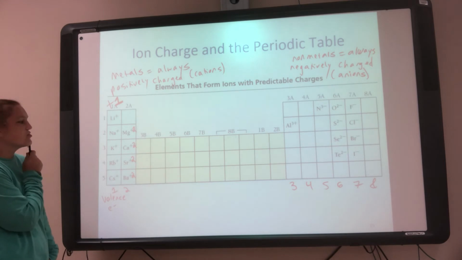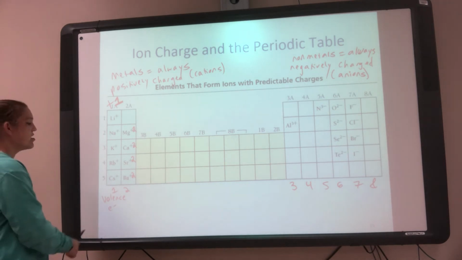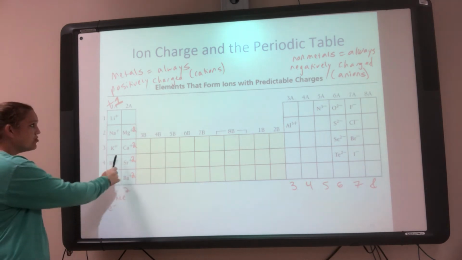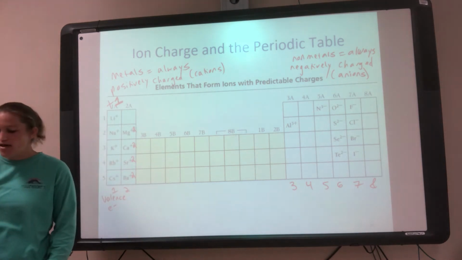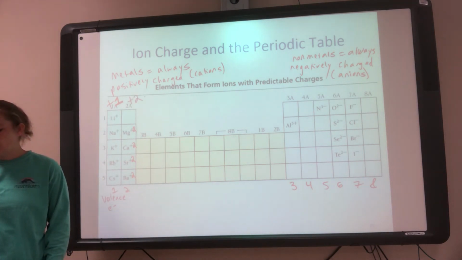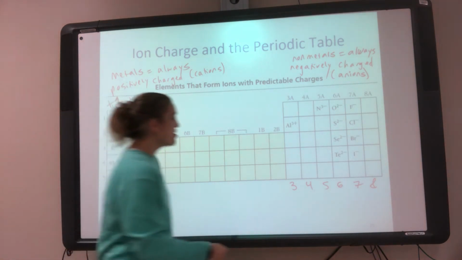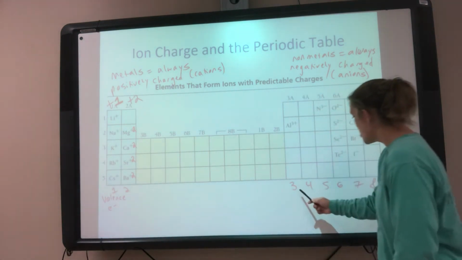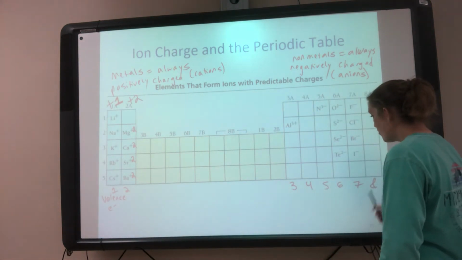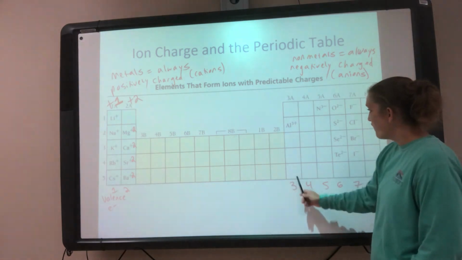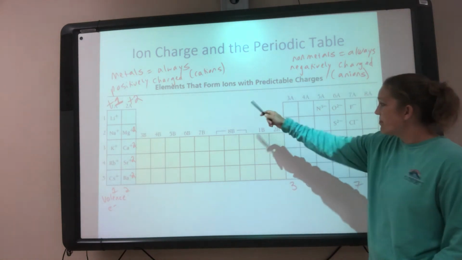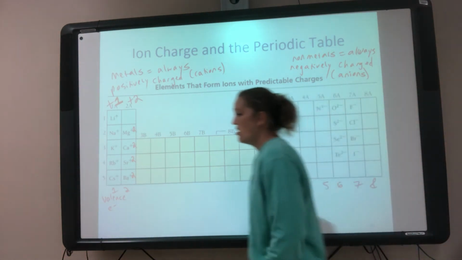So there might be a typo in the chart in the book. I'll have to look. Okay? So these guys want to lose 2. So this column is a +2. All right, this column. He can either gain 5 or lose 3. So for the metals here, they want to lose 3.